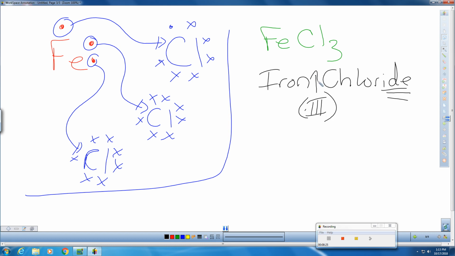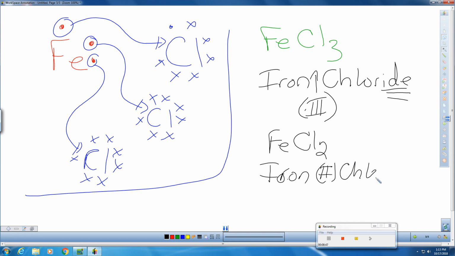So this is really called iron 3 chloride, and it tells you that it gave up 3 electrons. It's FeCl3. If this was iron 2 chloride, it would be FeCl2, and again, it would be written the same way, with the exception of you would have 2 in the parentheses, and then chloride would still be chloride on the end.